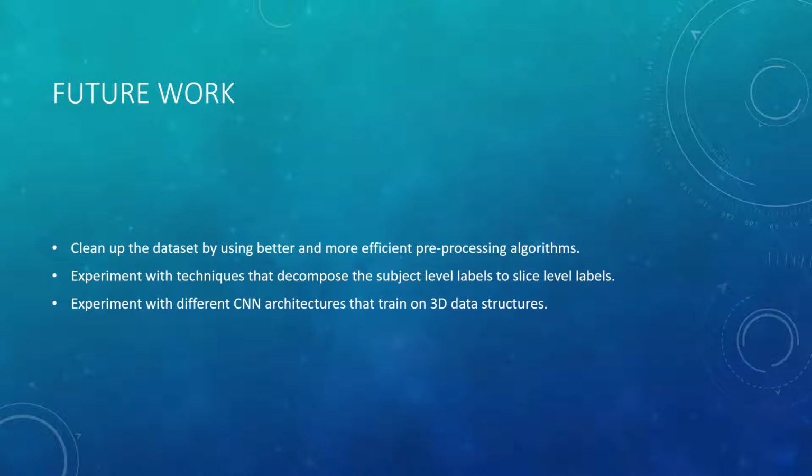Once we do get our slice level labels, we can then perform our experiments as usual. We would also like to train with different kinds of CNN architectures and explore more 3D convolutional neural nets in the future.